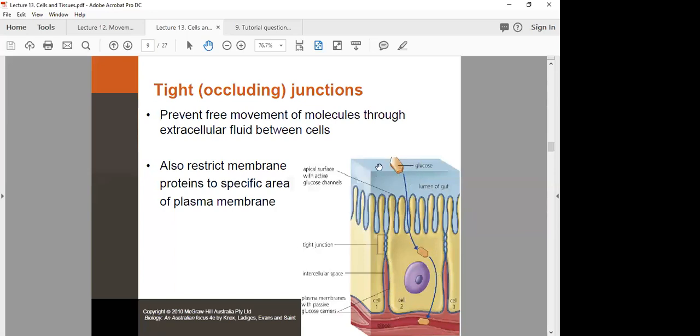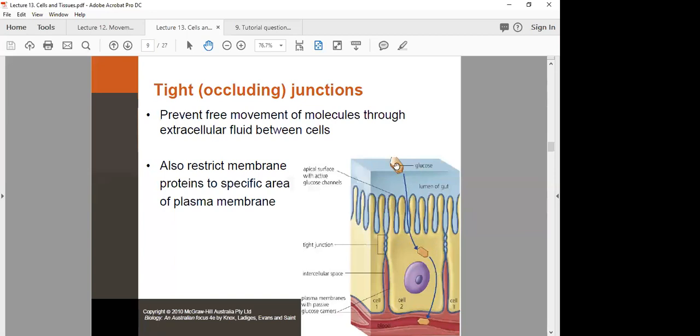This is where large food molecules are broken down into small molecules. Here we have a molecule of glucose, which is prevented from moving in between the cells. And it's prevented from moving in that direction by the presence of this tight junction.